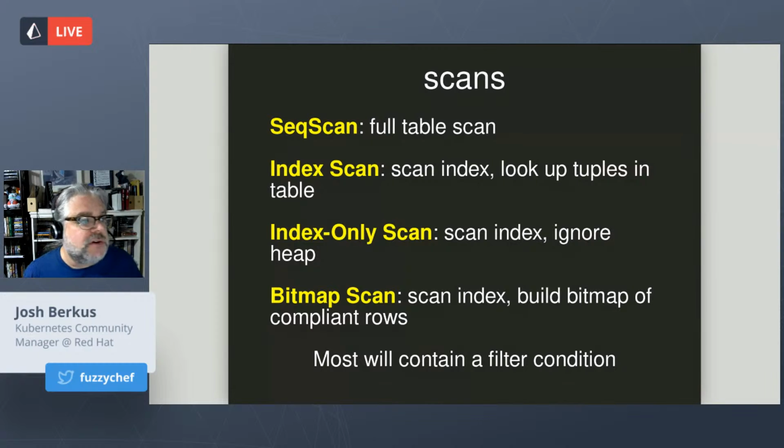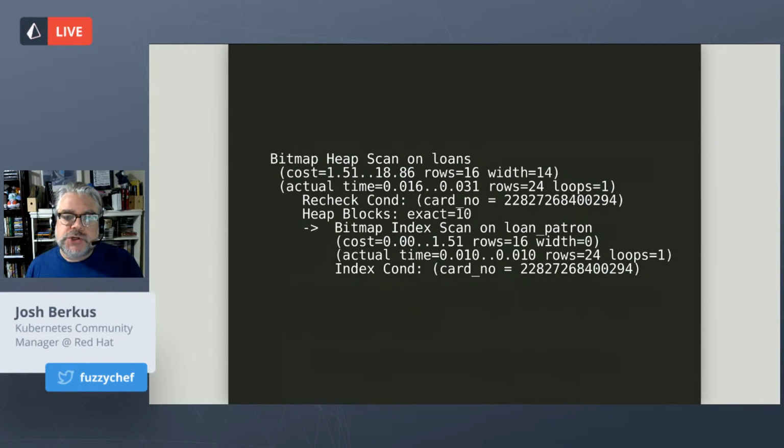And Postgres has a bunch of different kinds of scans. MySQL and SQLite have fewer different kinds of operations they can do, but the same general principles. So here's an example, a bitmap heap scan, which is a special kind of scan where you scan the table and construct a bitmap in memory, generally for joining it against another table.